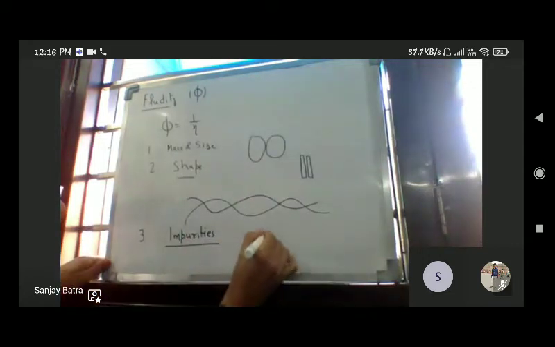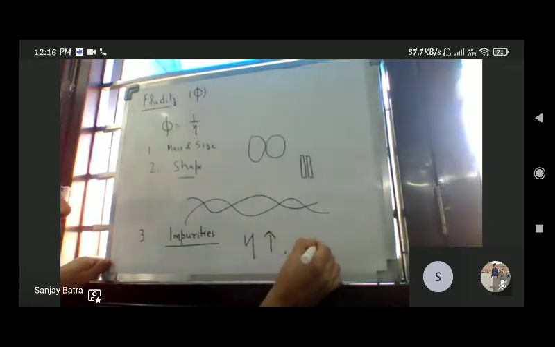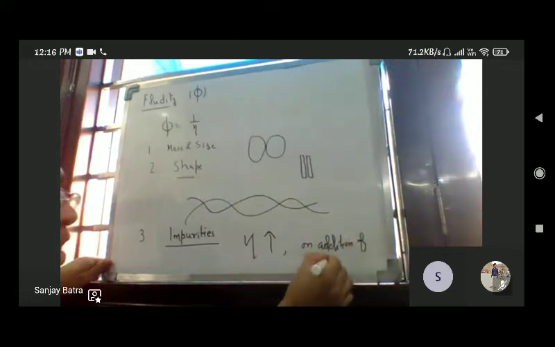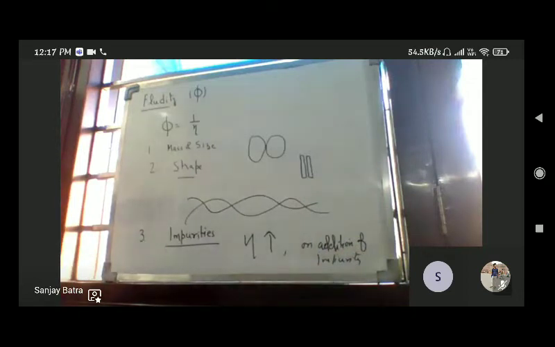Viscosity increases on addition of impurity. कोई भी impurity हो, on addition of impurity, invariably. हो गया नोट सबका? हो गया बच्चों?